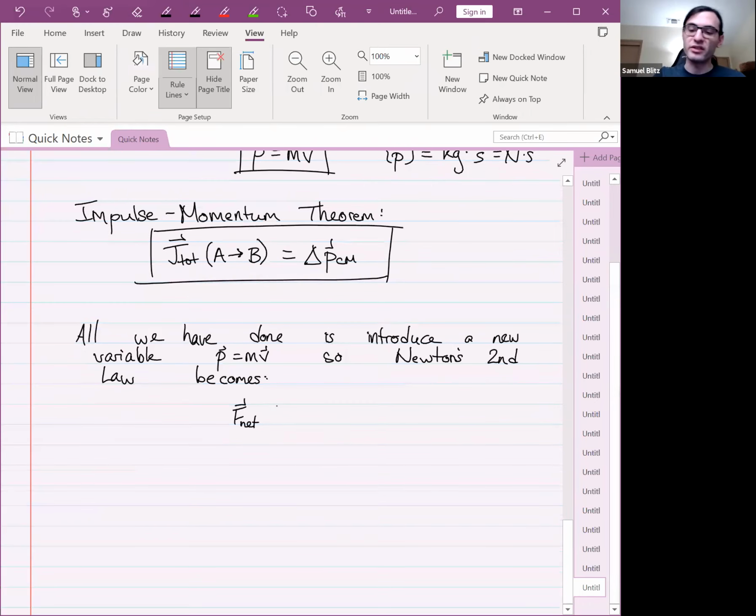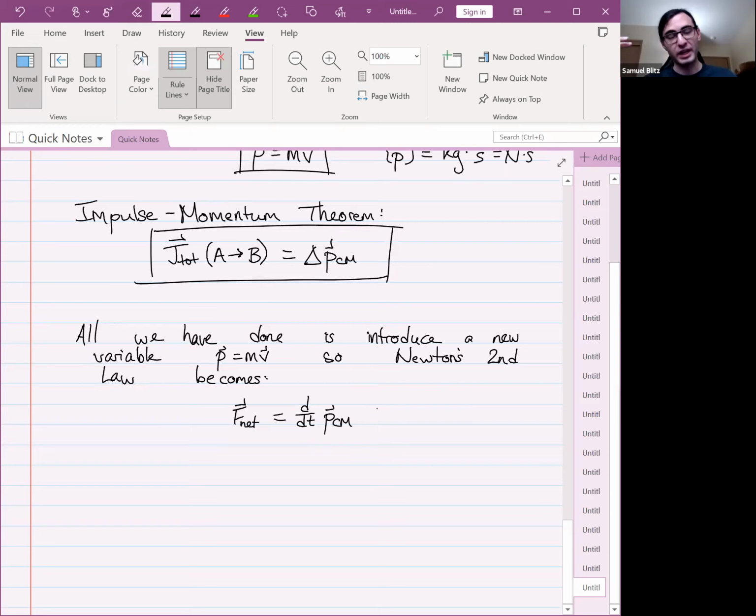So if we do this, this just means that the net force is the time derivative of the center of mass momentum. Because if you replace p_CM with m v_CM, the d/dt will pass through the m, and take a time derivative of velocity, which becomes the acceleration. So this is just a slicker way of writing Newton's second law.